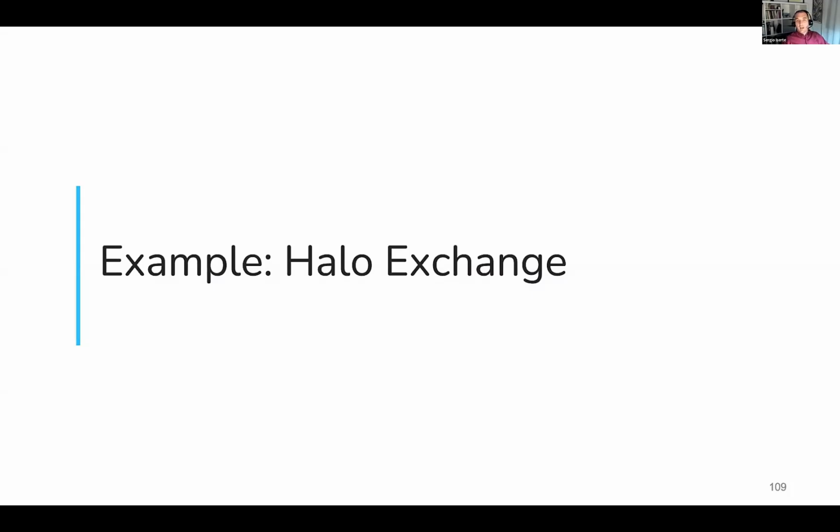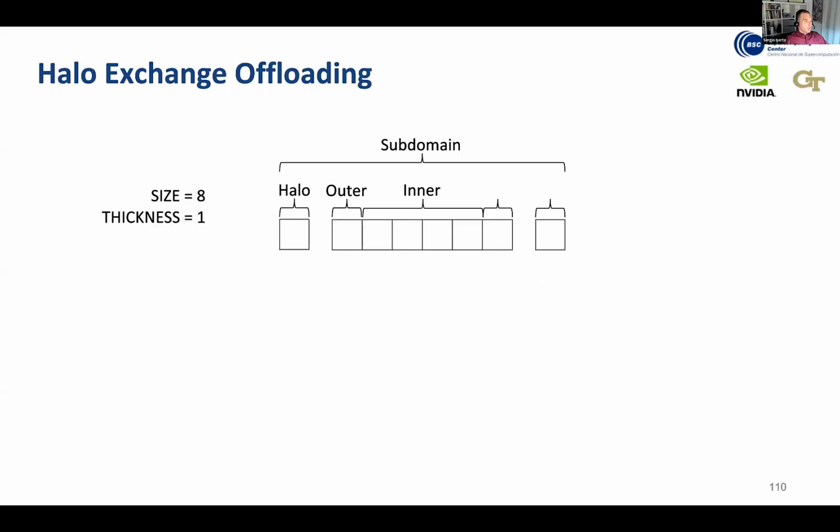Let's see the big picture of this work. We are going to understand it better with this example, a Halo exchange. This is a use case in which each MPI rank has its own subdomain of a scientific application running, and a subdomain is composed of an inner subdomain, the outer subdomain, and a halo.